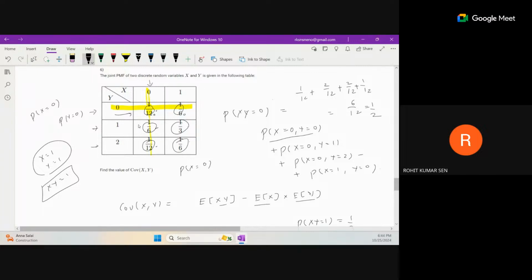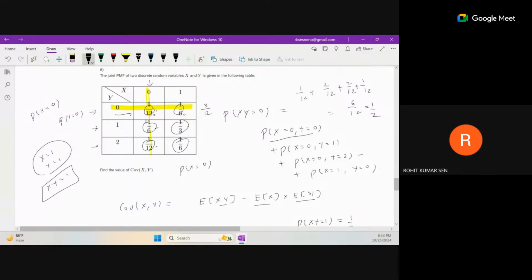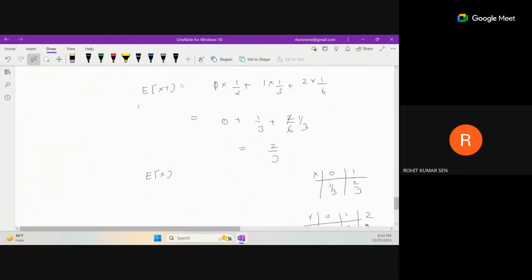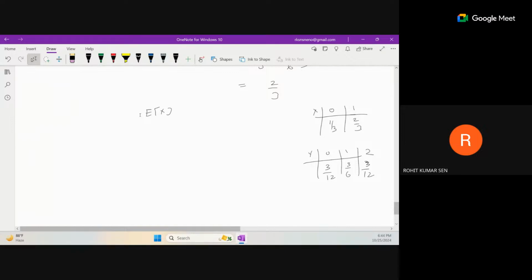So 1 by 6 is 2 by 12, and 2 by 12 plus 1 by 12 is 3 by 12, which is 1 by 4. So it is written here. The probability of y equal to 1 is 1 by 6 plus 1 by 3, so it is 2 by 6 plus 1 by 6, which is 3 by 6. That's how you find the marginal also.